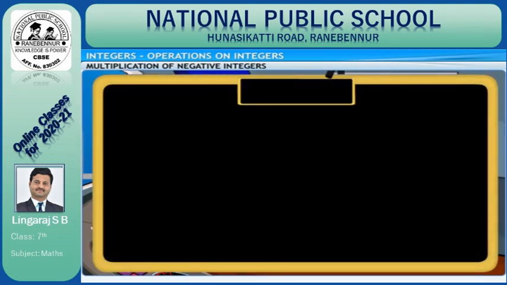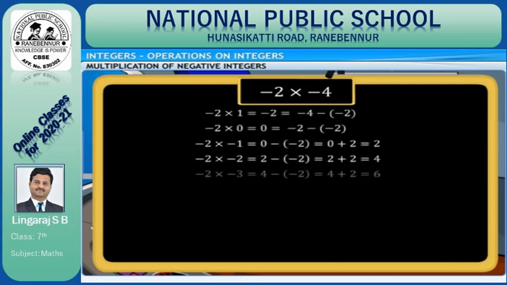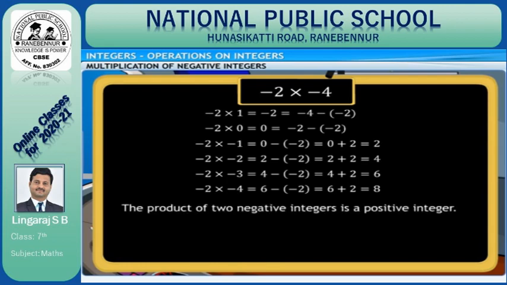We have seen the multiplication of a positive and a negative integer. Now, what if both the integers to be multiplied are negative? For example, consider minus 2 multiplied with minus 4. Let's follow a pattern and write the numbers as shown. From the pattern, you can see that the product of two negative integers is a positive integer.